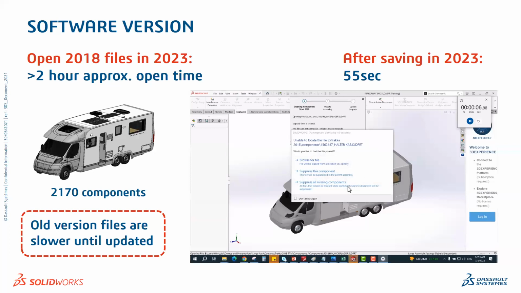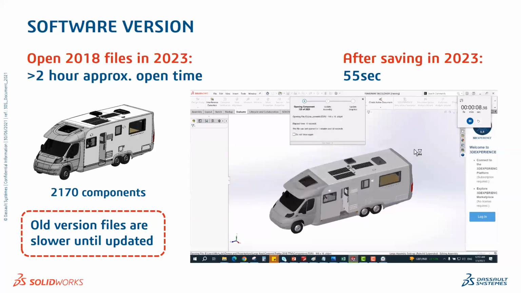So in your assemblies, when some or all components are in an older version, you have to convert them or save them into the current version to see faster performance. You can witness here how fast we can open the entire model.